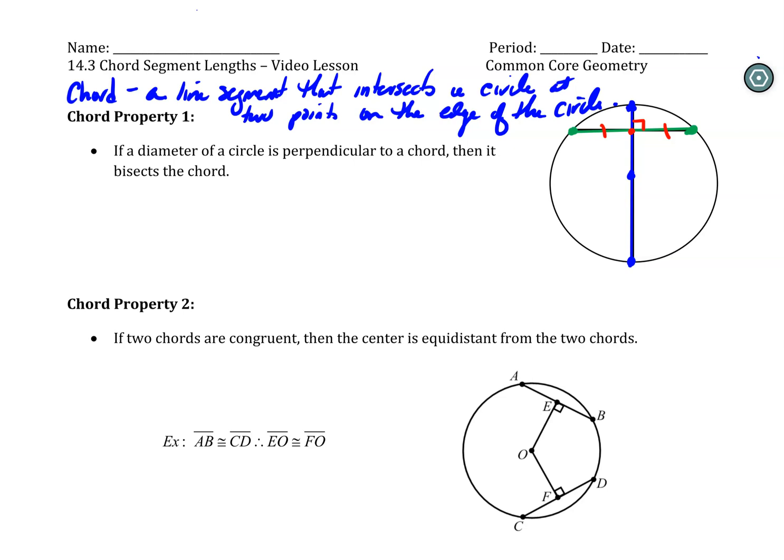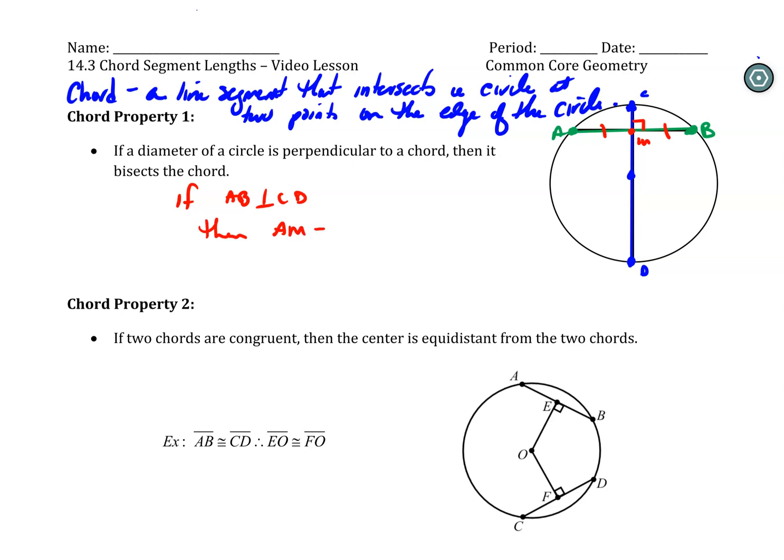So if I called this, for example, line segment AB, and let's just call this one for argument's sake CD, then we could say that if AB is perpendicular to CD, then we'll call this M for midpoint.